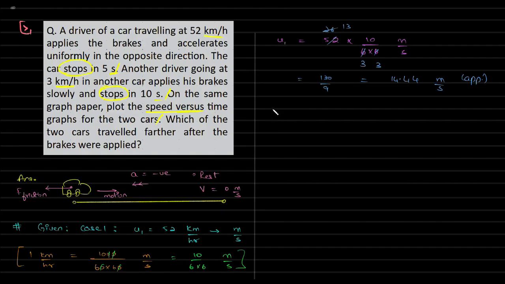And similarly, oh yeah, we need to talk about time also. Time is 5 seconds. And now we are looking at u2. So this is 3 km per hour. That would be 3 into 10 by 6 into 6 meter per second.